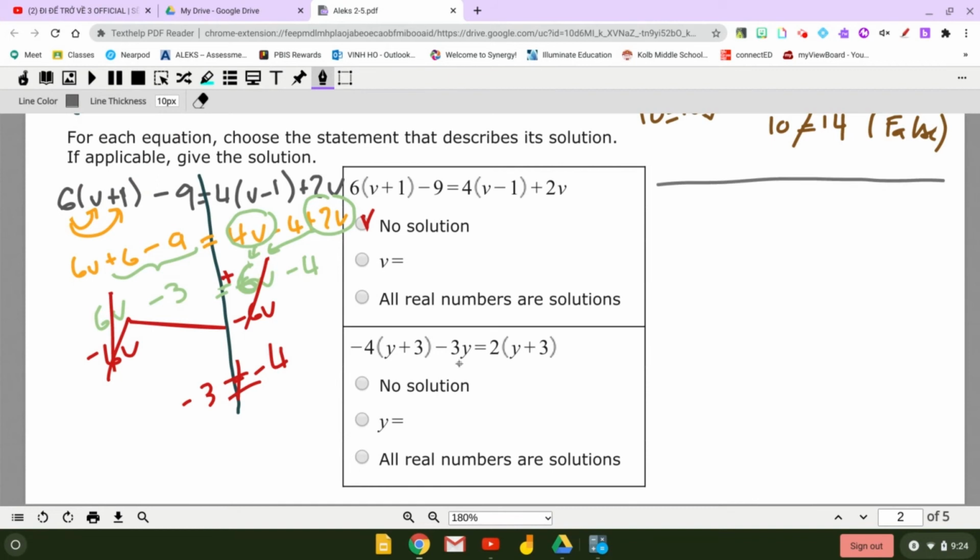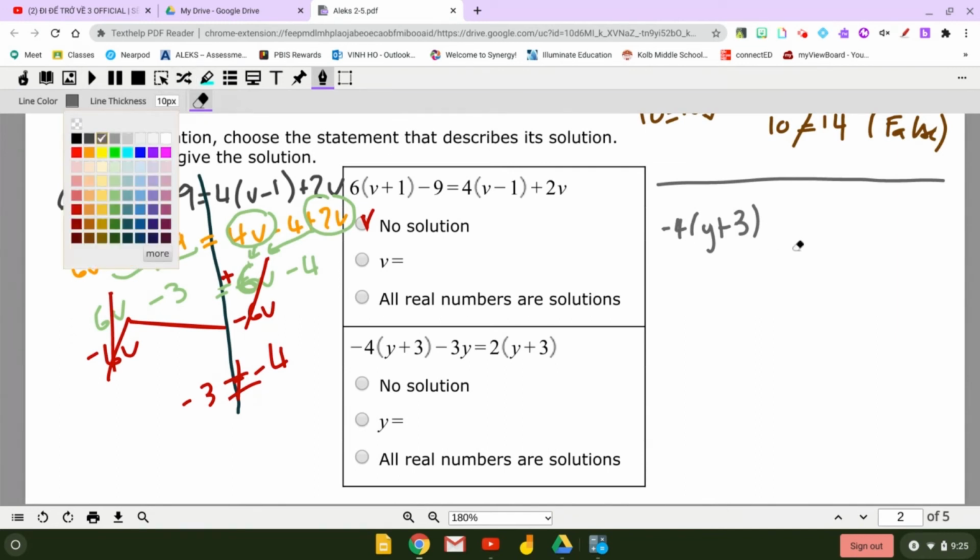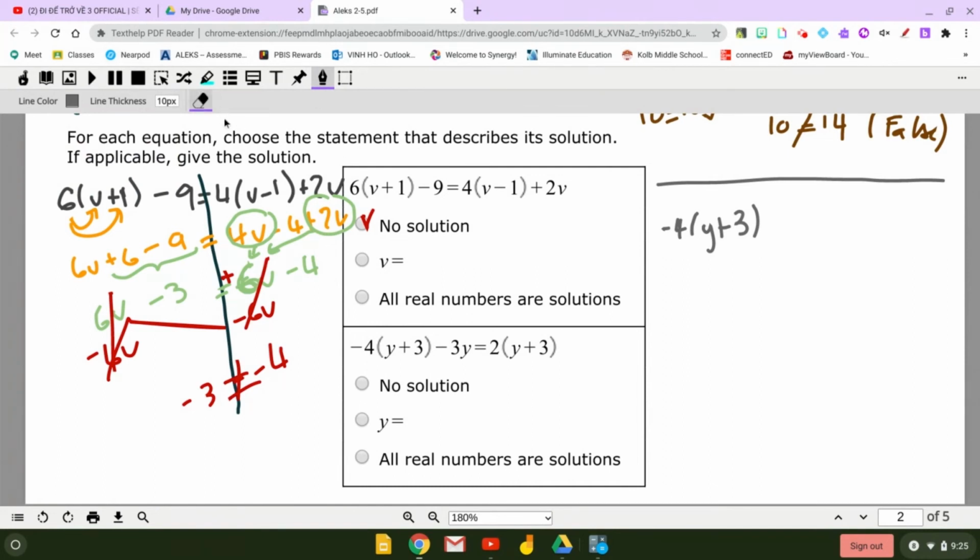Now we're going to look at part B. -4 times (y + 3) - 3y equal to 2 times (y + 3).